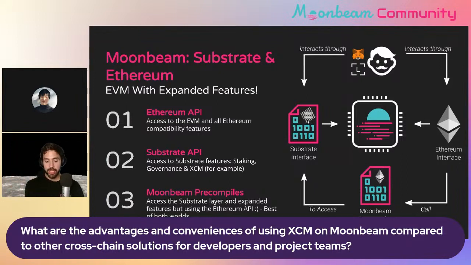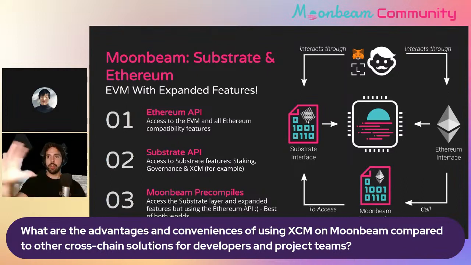One of these really cool examples that I used to give is Lido, right? The Lido implementation on Moonbeam and Moonriver, which is being shut down. But when they implemented this feature, it was really cool because they were actually using Moonbeam's EVM to do remote staking on Polkadot. So you could stake DOT on Moonbeam.